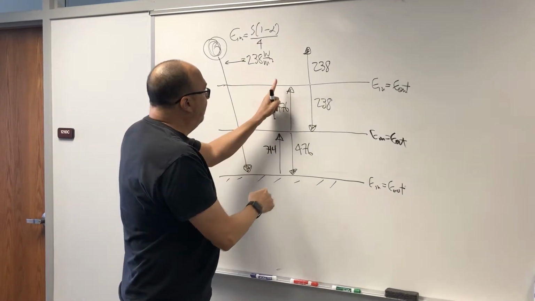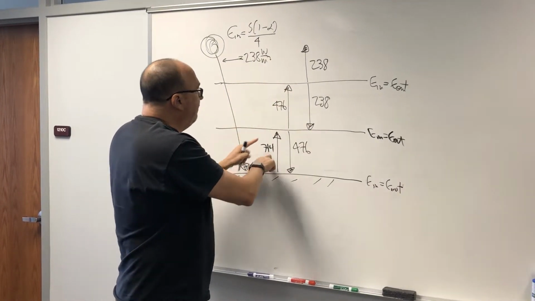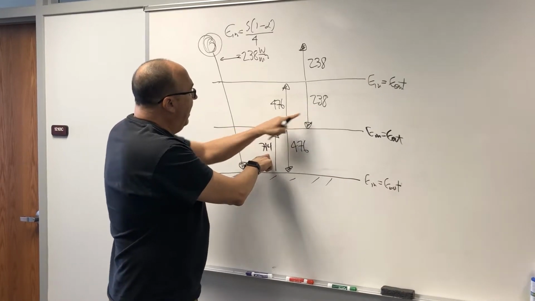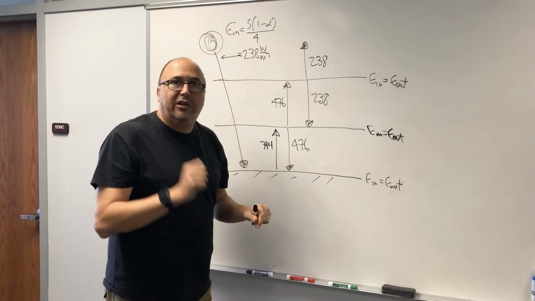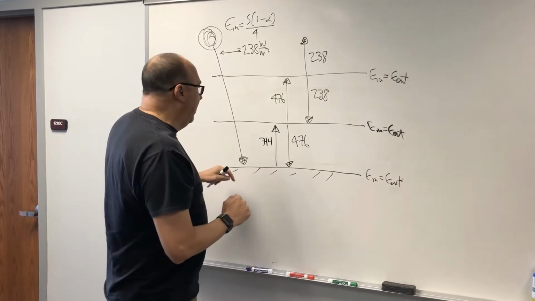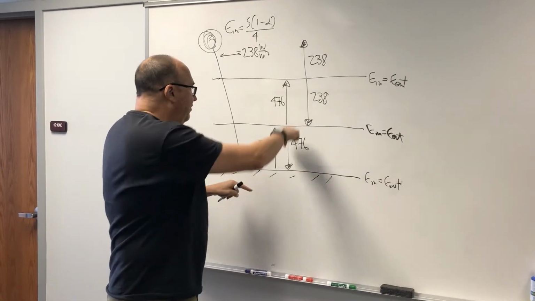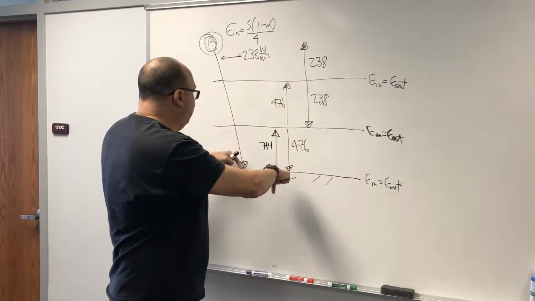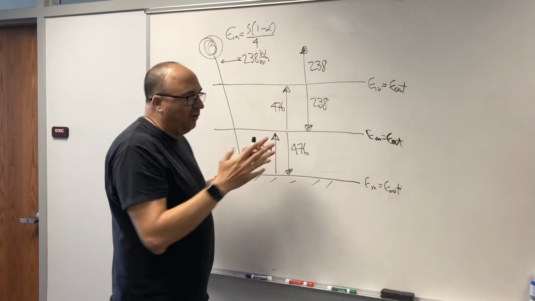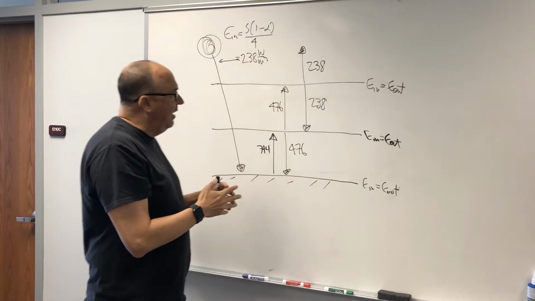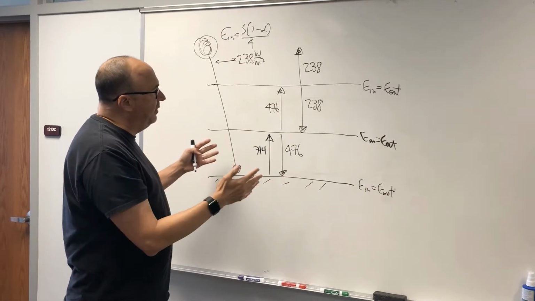Energy out is 476 up and 476 down. So 714 plus 238 has to equal 476 plus 476. And it will equal. Work it out. And then finally for here, energy in 476 plus 238, energy out 714. So that should match also. So we've balanced all the fluxes, and we've gotten our diagram completely written out.